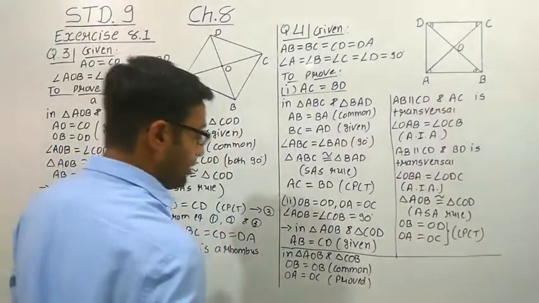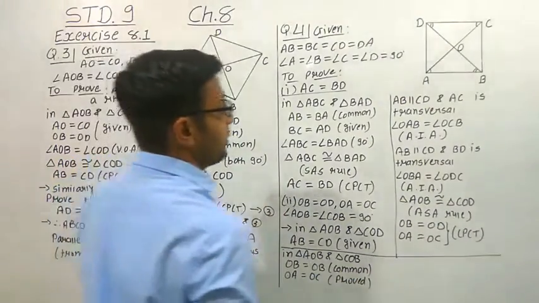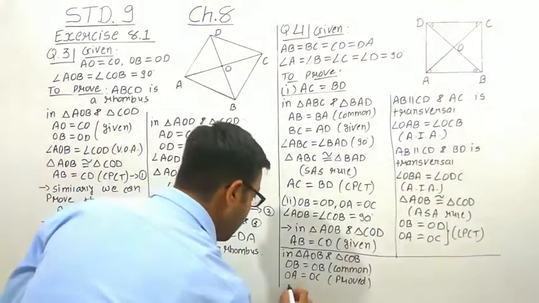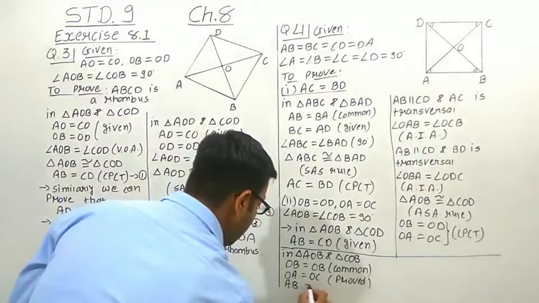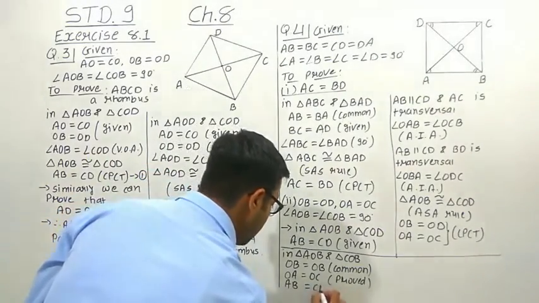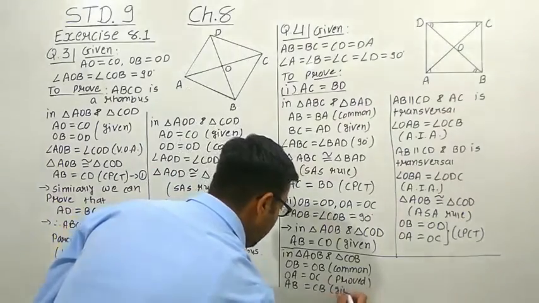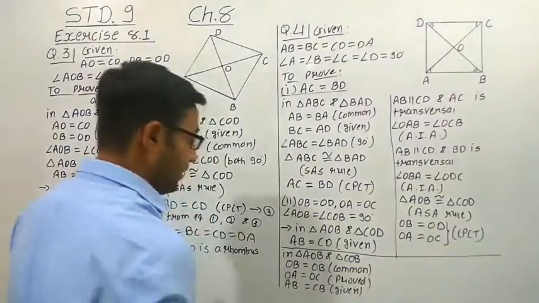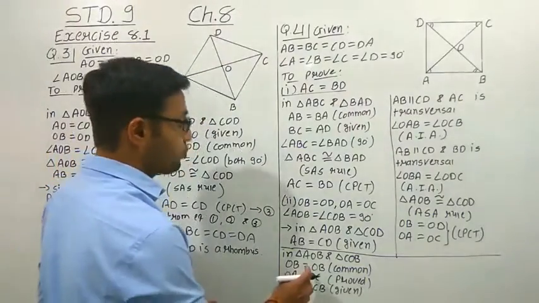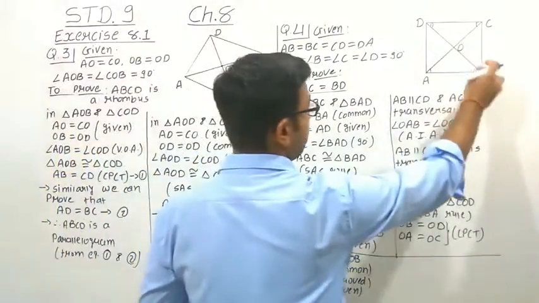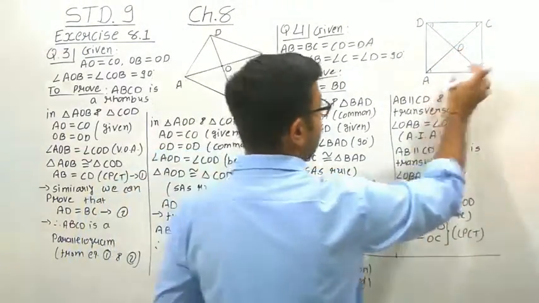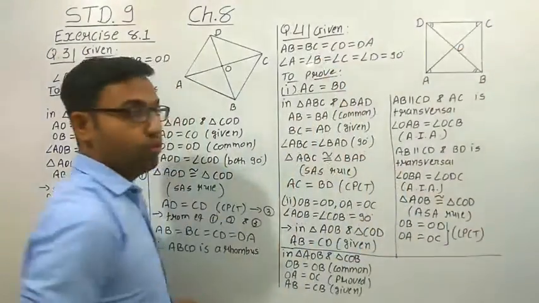And the third condition we can write down is that AB is equal to BC, or CB. This is already given. So three conditions we have written: OB is equal to OB, which is common; OC is equal to OA, which we have already proved; and AB is equal to CB, which is given.